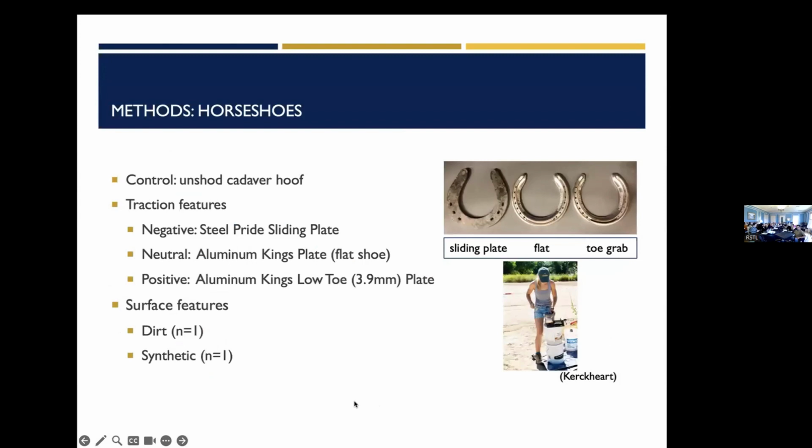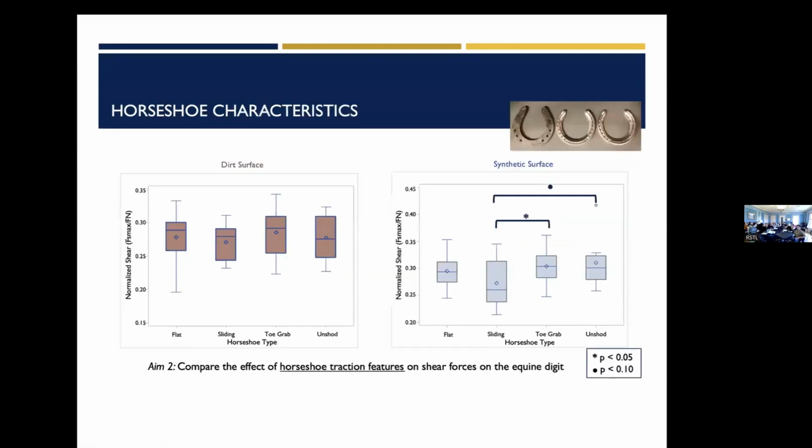So the last thing I want to just mention is we've looked at using different shoes on our shear testing devices with different surfaces. Here, just an N of one of each. And just to highlight maybe a couple of things, with shoes, I think we have a huge opportunity with innovation if you really think about it. Just like human athletics, you're going to use different shoes for different things.